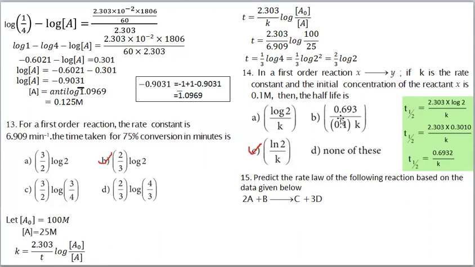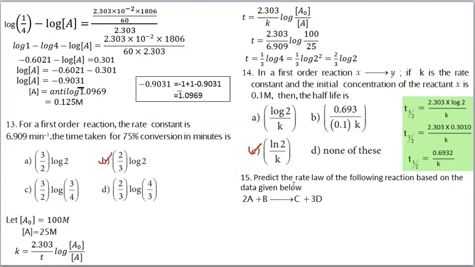You see, for the half-life period of the first order reaction, the derivation we studied: t half is equal to 2.303 into log 2 by K. Then the log 2 value we substitute, we will get 0.3010. When we multiply these two, we will get this value. This is the formula we studied. Actually, this value is 2.303 into log, and 2.303 into log is ln. So we will get ln 2 by K. So this is the correct answer.